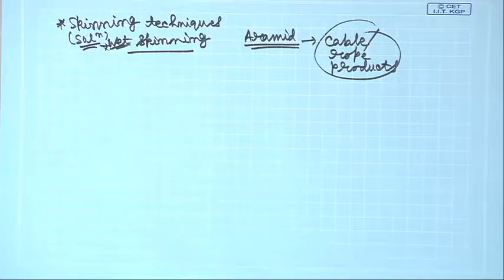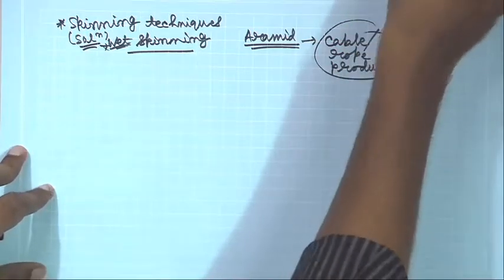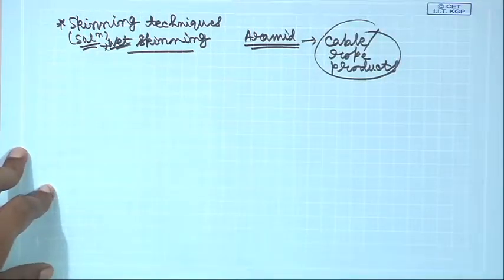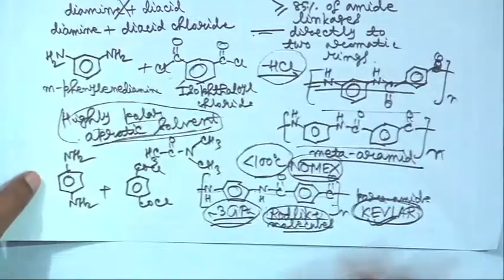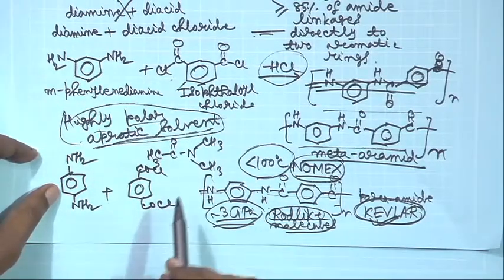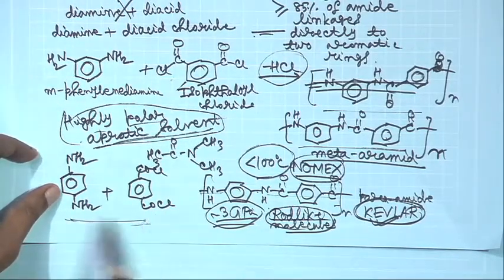Typically, for processing of these aramid fibers, we are not going to talk about meta aramid fibers anymore; we are going to talk about para aramid fibers. Before you come to processing, you should also have another look at this particular reaction by itself.